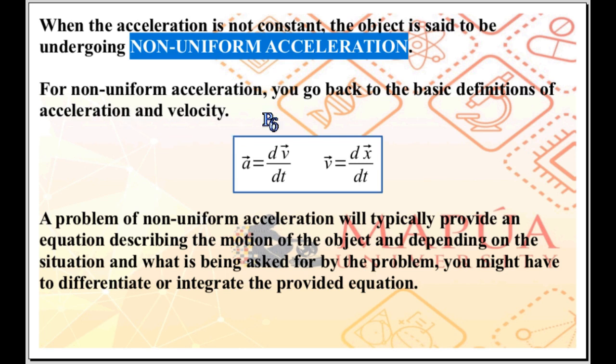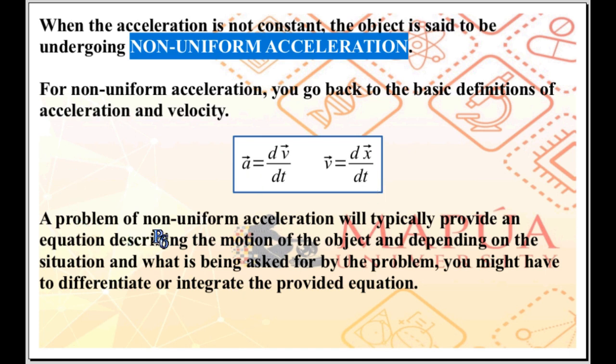For non-uniform acceleration, you go back to the basic definitions of acceleration and velocity. a is equal to dv over dt, and v is equal to dx over dt. a is the differentiation of velocity with respect to time, and v is the differentiation of x with respect to time.